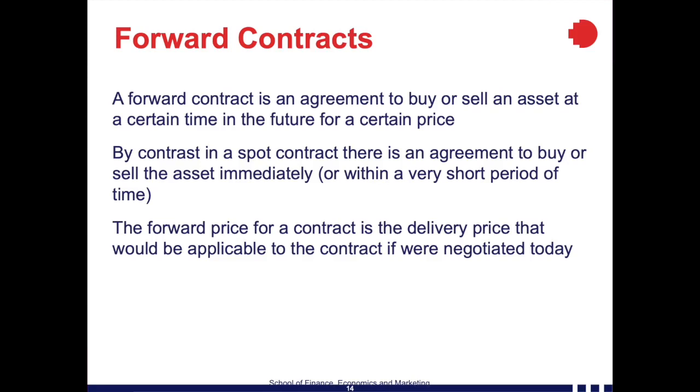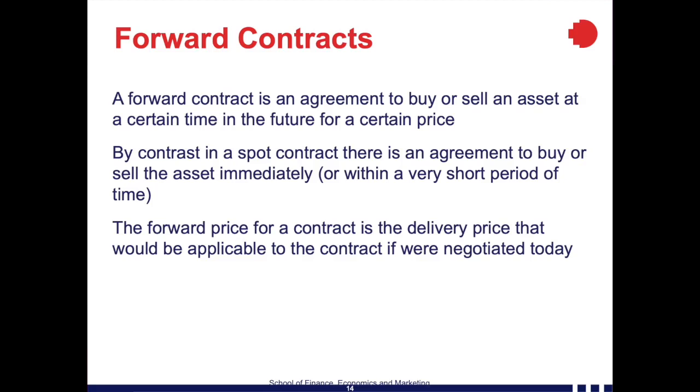What does it mean to customize? It means you can design the contract exactly the way you want: what you buy, where you want it delivered, when you want it delivered, and the price. Those terms are tailor-made, not standardized. It depends on the needs of each side of the trade.